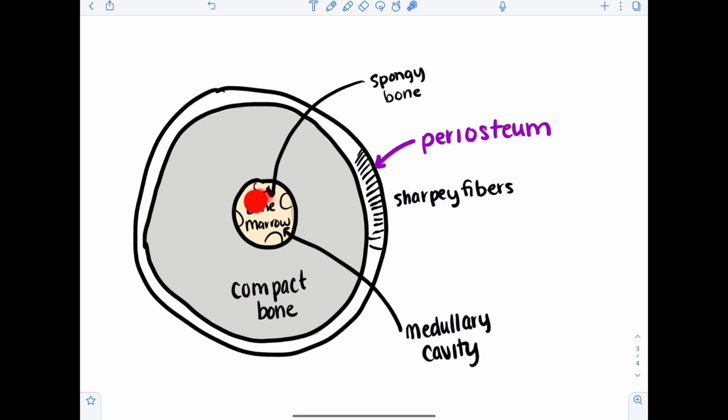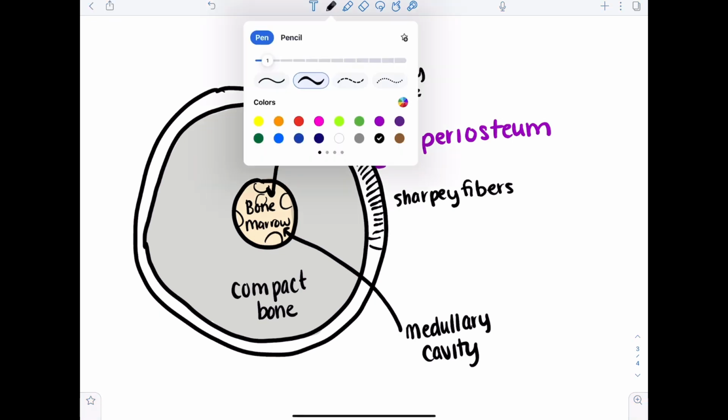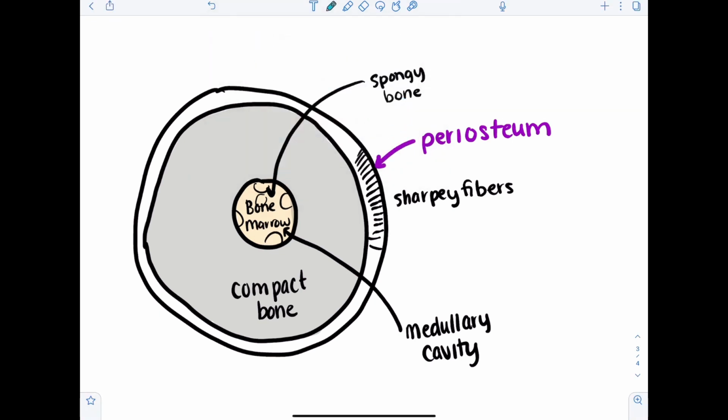It's a center area where we have spongy bone that has bone marrow in it. And that medullary cavity is going to be lined, you can see I'm lining it in blue, with endosteum. That's a connective tissue that lines the medullary cavity. Okay, and again, trabecular or spongy bone is going to be within this.